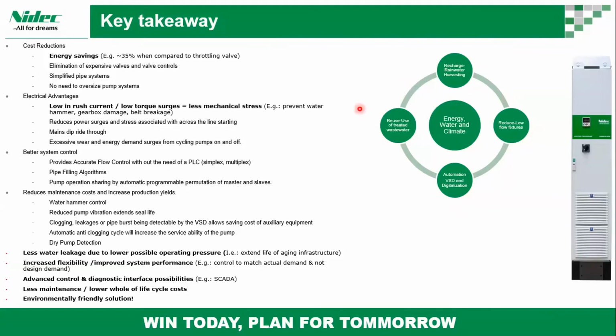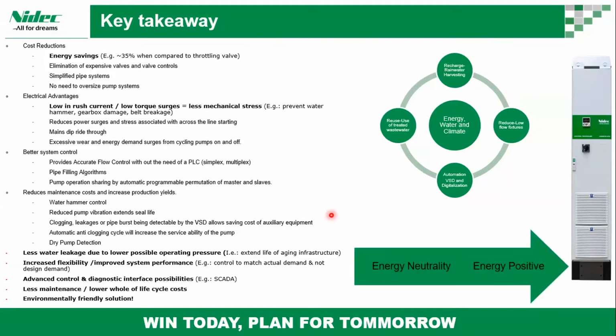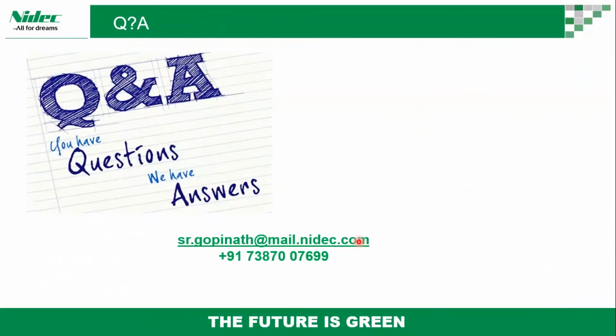Energy, water and climate are correlated, so we need to use this approach, and a control technique like the VSD will help us make plants energy neutral and energy positive.